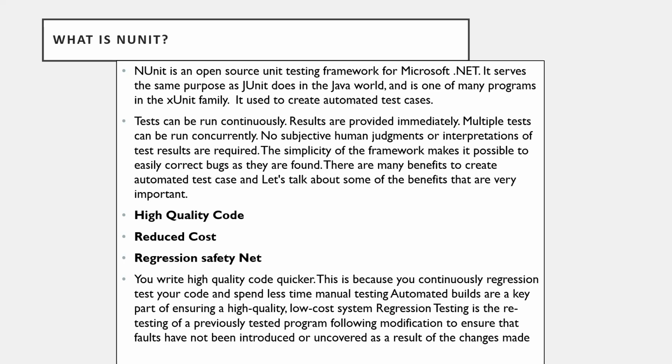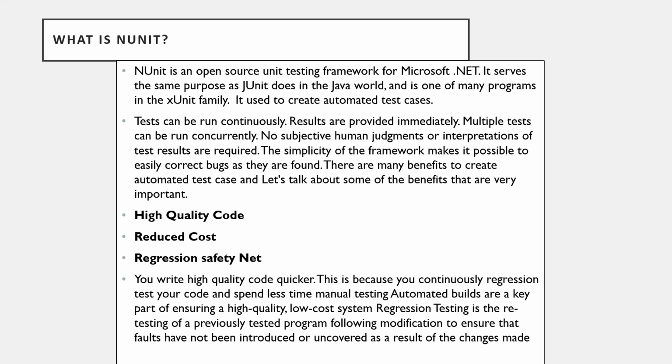The XUnit family is also one of many that programmers use. This can be run continuously, because if you are creating a huge number of test cases, or working on a large development, suppose it takes a 6 month span for the development of your project or some requirement, then if you start using NUnit, it is a continuous process until the development is done.